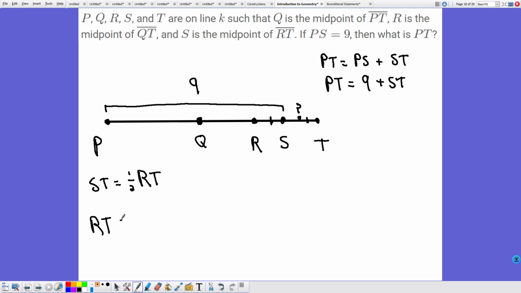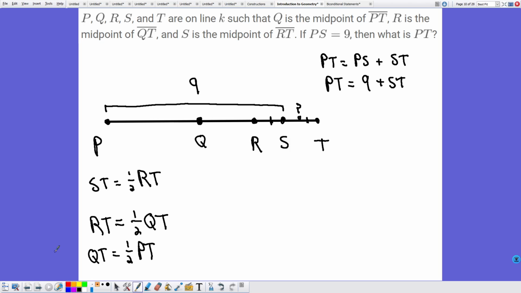So RT, because R is the midpoint of QT, that means RT is 1/2 QT. And, alright, I don't know much about QT, but I do know that Q is the midpoint of PT. Therefore, QT, with a similar kind of logic, we can figure out QT is 1/2 of PT.